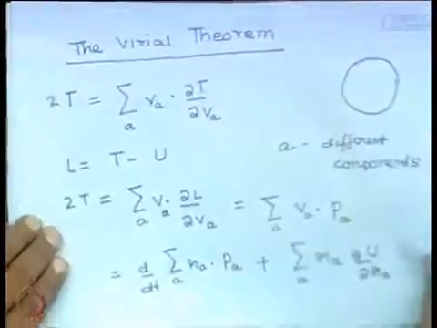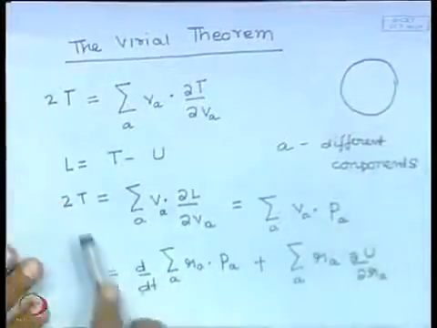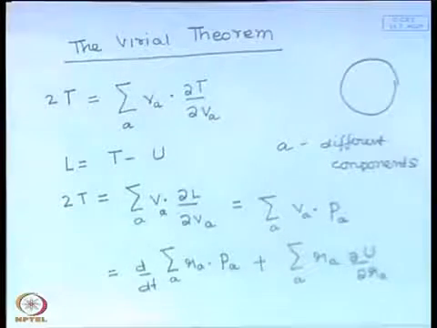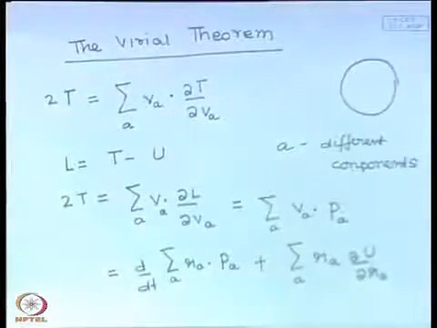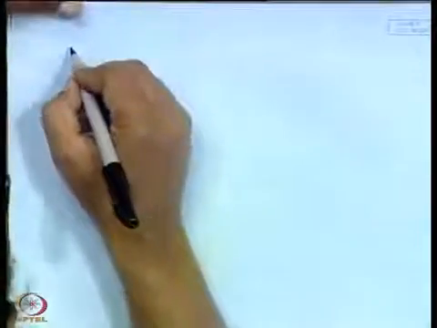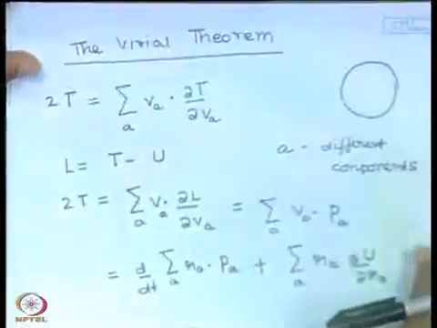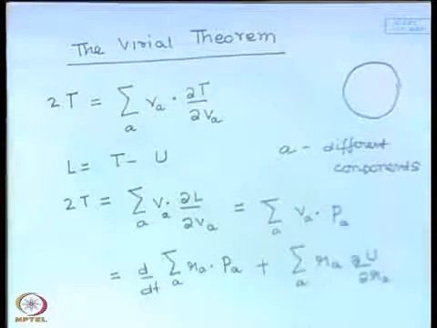So here we are interested in calculating the time average of the kinetic energy, twice the kinetic energy to be precise. So we would like to calculate this, 2 T bar. Okay. Now, let us look at these two terms. There are two terms over here.